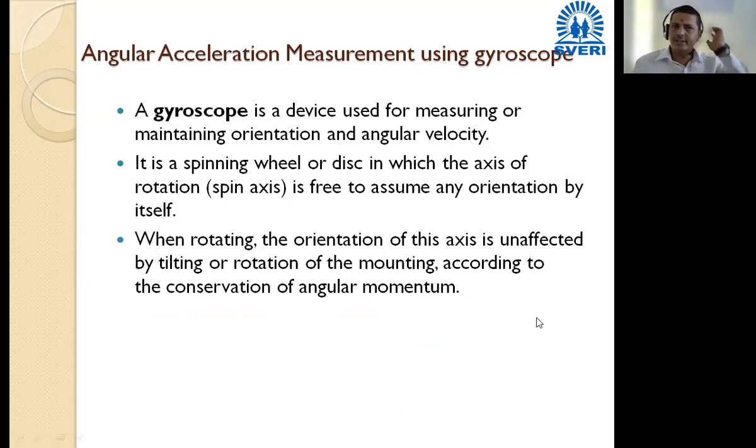A gyroscope is a device used for measuring or maintaining orientation and angular velocity.